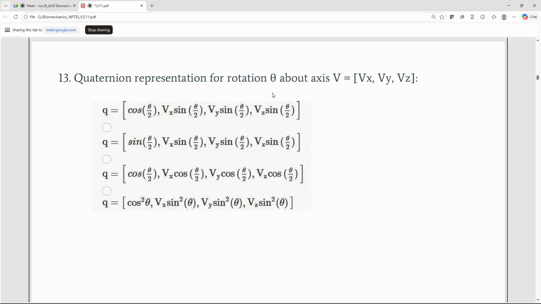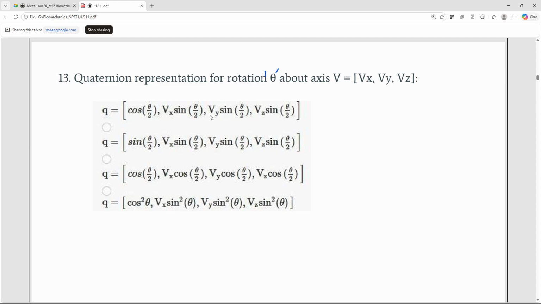Next question. Quaternion representation for rotation theta about axis V, where V is given by Vx, Vy, and Vz. What is the quaternion representation? Is it option A, Q is equal to cos theta by 2, Vx sin theta by 2, Vy sin theta by 2, and Vz sin theta by 2?